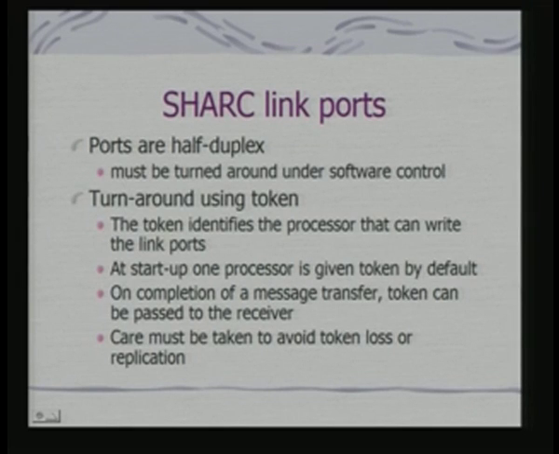Obviously, under such a situation, care must be taken to avoid loss of token or even replication of token. The token ring network is another network, although not used in this kind of multiprocessor connection, but it is similar in concept, in which a token is passed around. A processing element which has the token gets a slot for transmission.